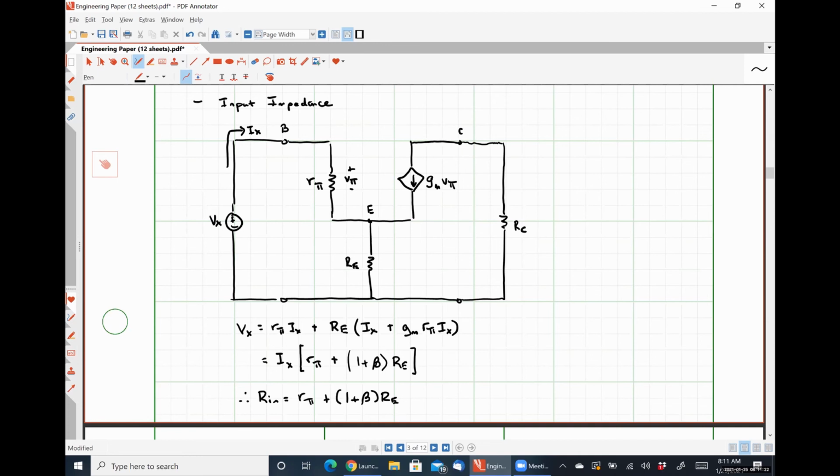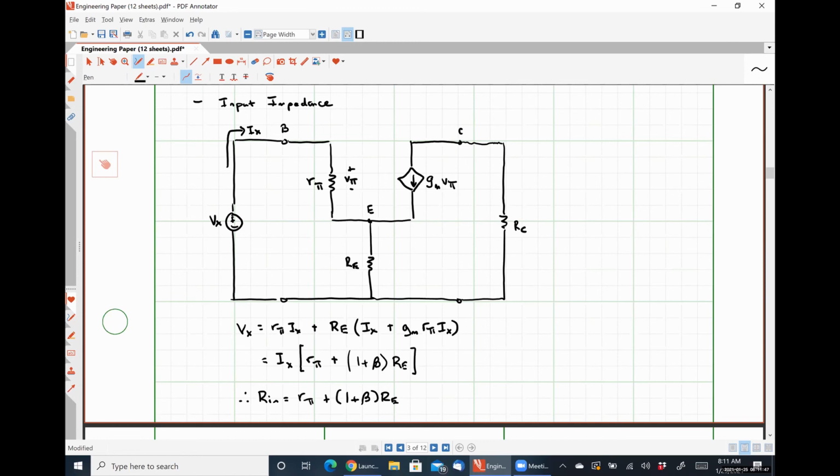So 0.001 divided by 0.0026. We get a transconductance of 0.38, and beta divided by that, so 100 over that, gives us somewhere on the order of a kilo ohm.